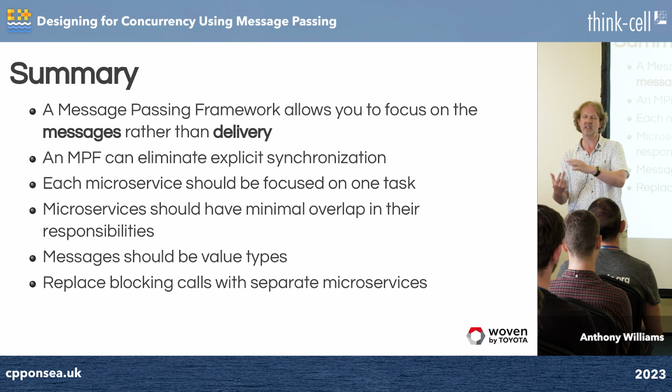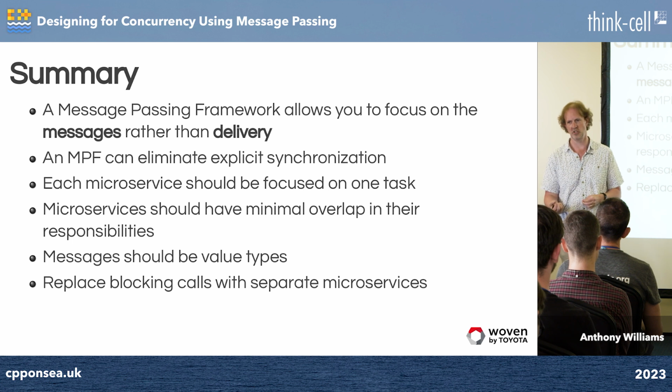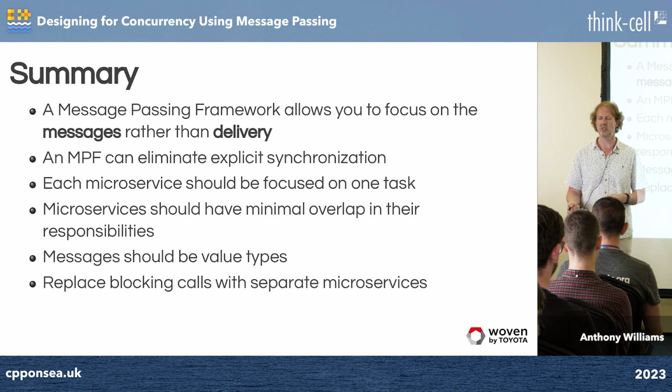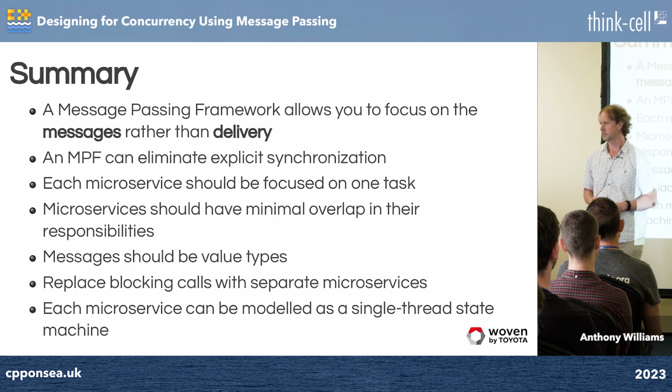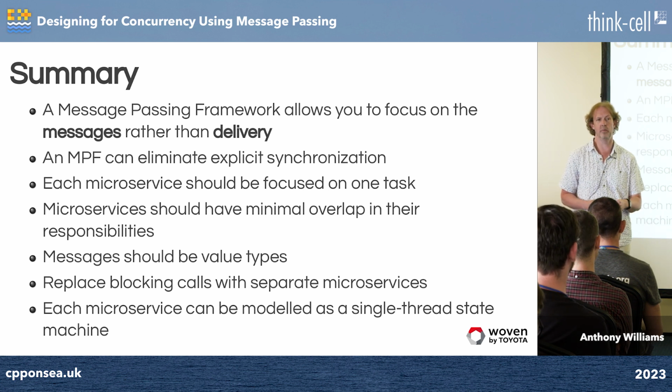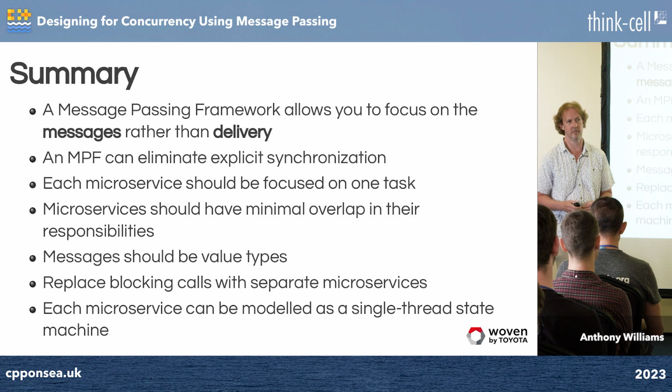The fact that some of them might take a noticeable amount of time due to blocking is not usually a big problem, particularly if you can isolate that. Give the blocking services a dedicated thread so that they don't cause a problem for everything else in your system. And then if things get complicated, we can use state machines to model stuff.